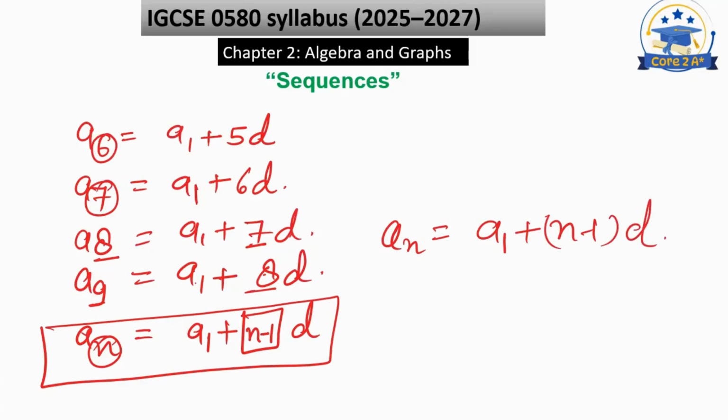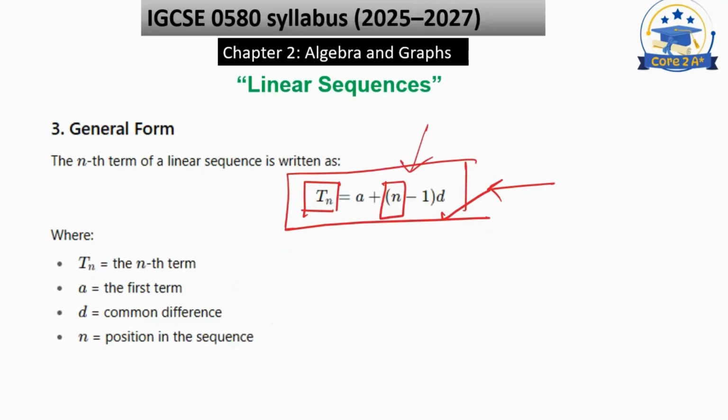Let me show you. See, Tn, in some books, is denoted by An also. A means your first term. You can also write A or A1, plus N minus 1 into D. This is your general form.